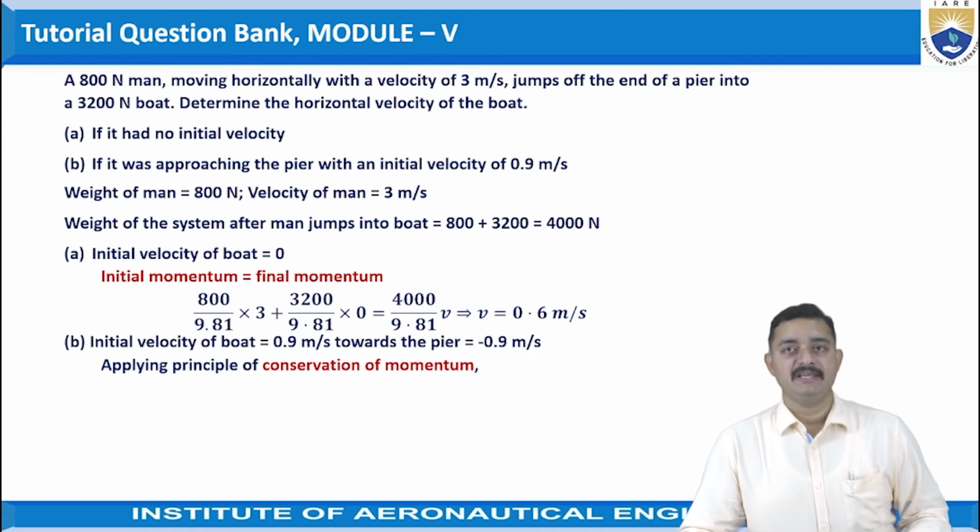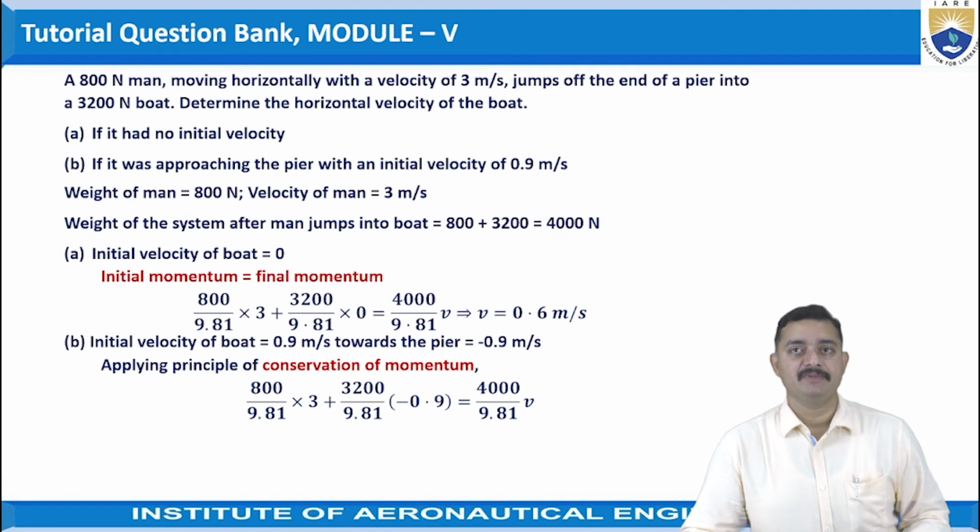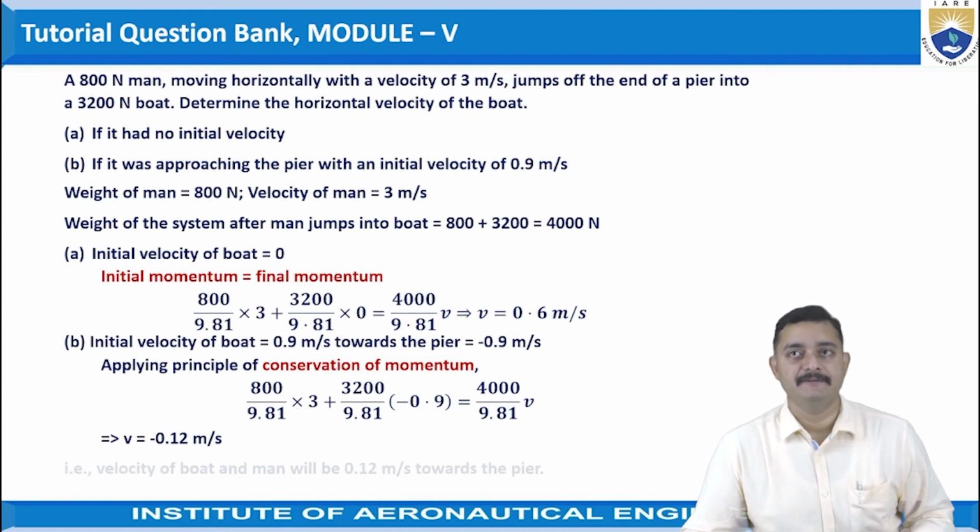Now, applying the principle of conservation of momentum, we get 800 by 9.81 into 3 plus 3200 by 9.81 into minus 0.9 is equal to 4000 by 9.81 V. Hence, if we solve this, we will get the value of V as 0.12 meters per second.